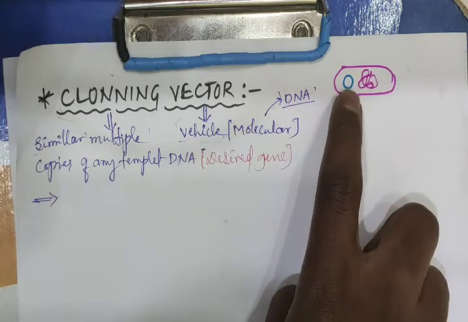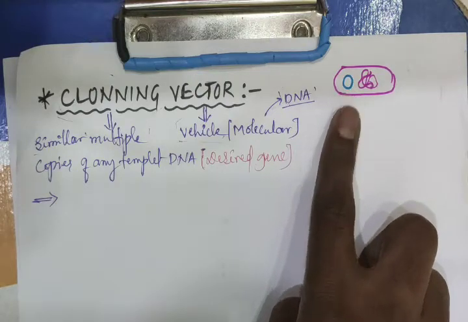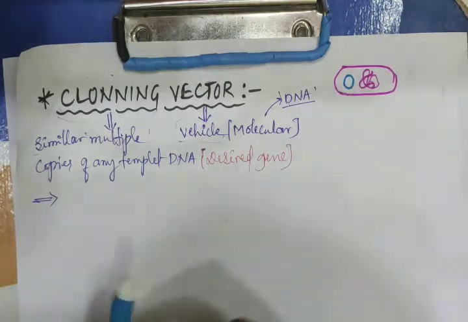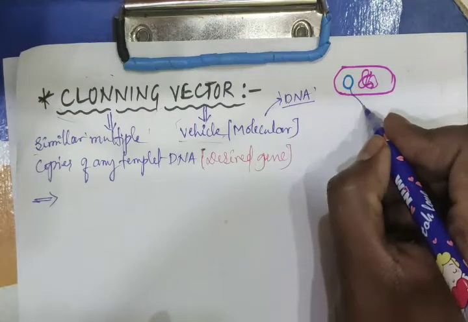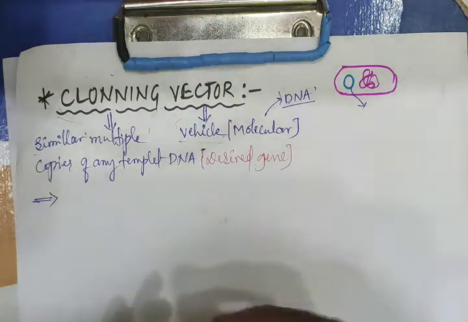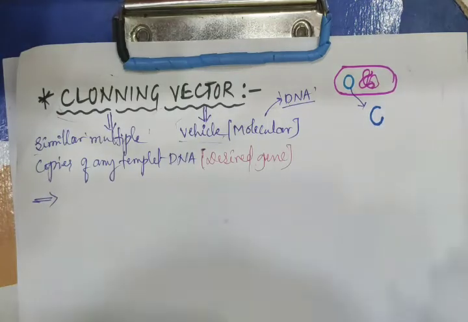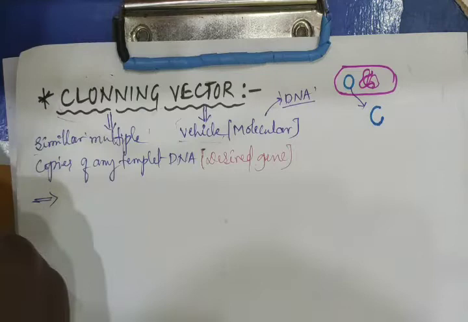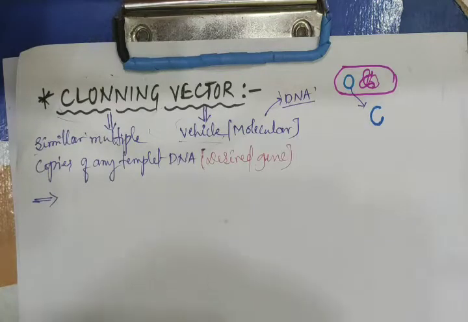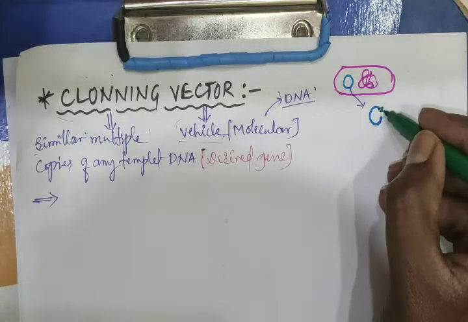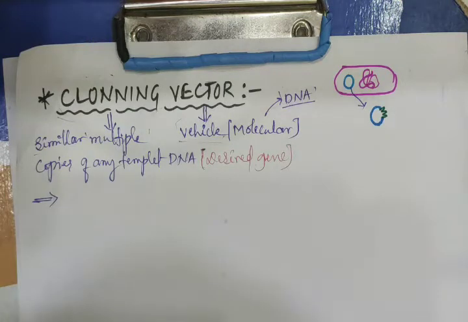Circular extrachromosomal double stranded DNA. Now we are going to take this plasmid outside, and cut and open the plasmid. Now the plasmid is cut and opened. Now to this plasmid, we are going to add our desired gene.